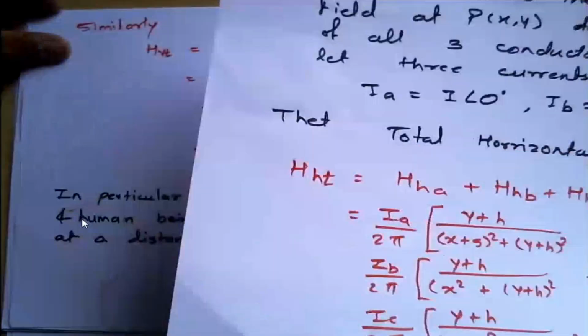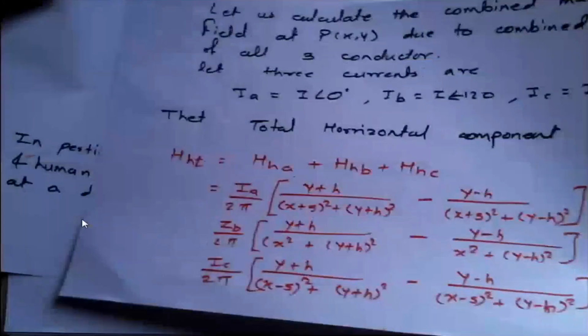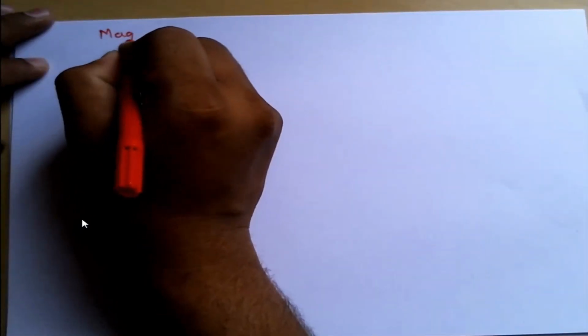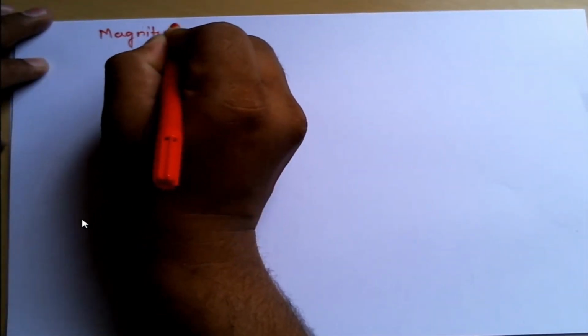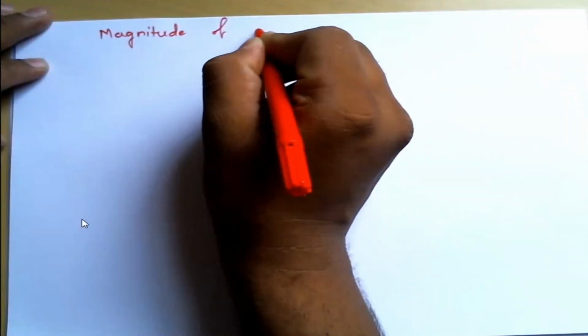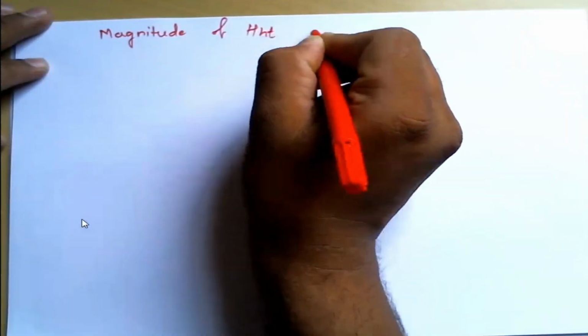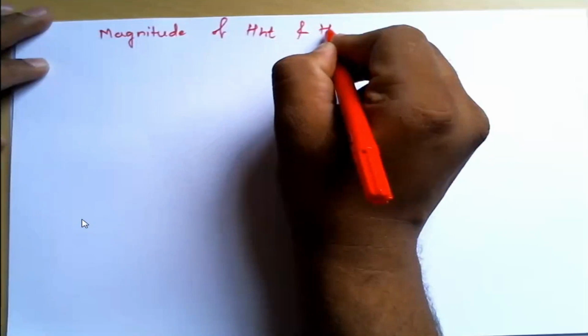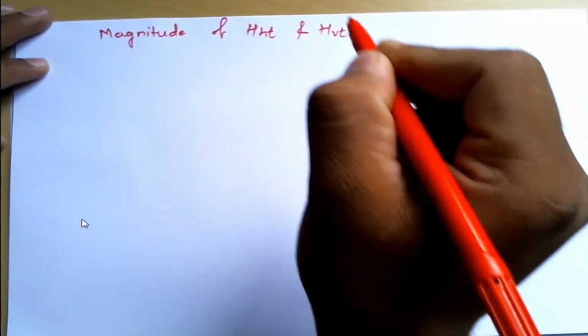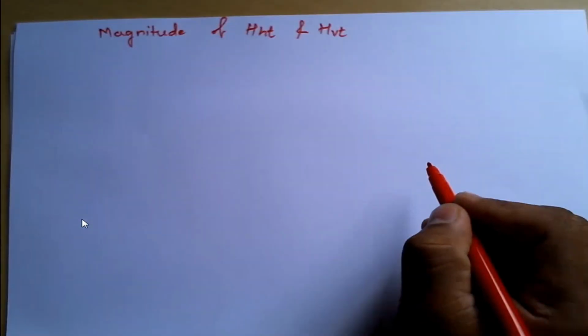Magnitude of H_HT and H_VT. That is, magnitude of horizontal and vertical component. What is H_HT? It is the total horizontal component of the electromagnetic field.